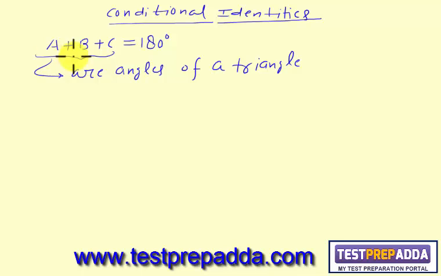So, if in any question they give you A plus B plus C is equal to 180 degree, automatically these angles can be considered as angles of a triangle. Or if they say that there are three angles of a triangle, or in a triangle, you can take three angles A plus B plus C as 180 degree.